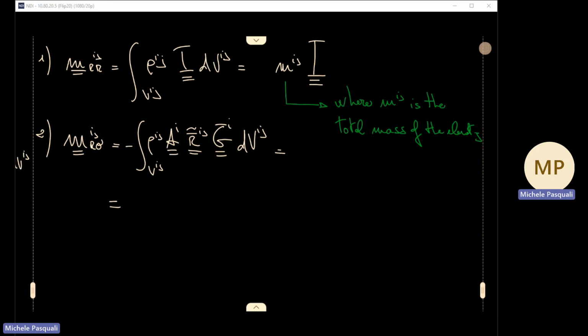As you typically do, we take out from the integral sign all of the quantities which do not depend on space, namely all of those which only depend on rotation in this case.